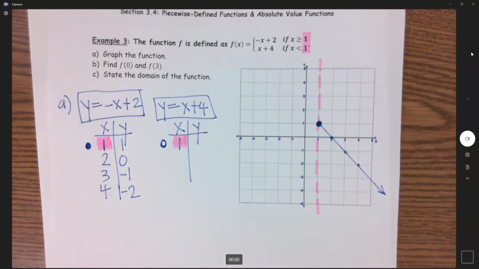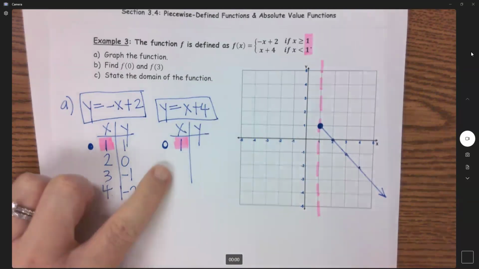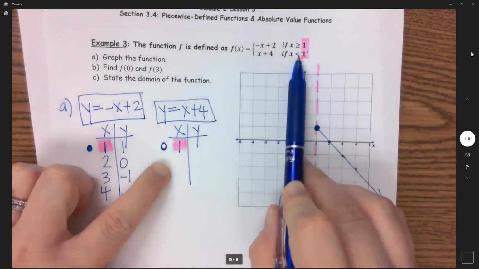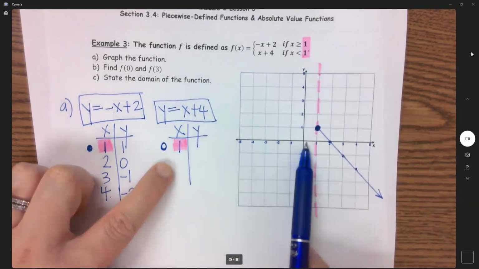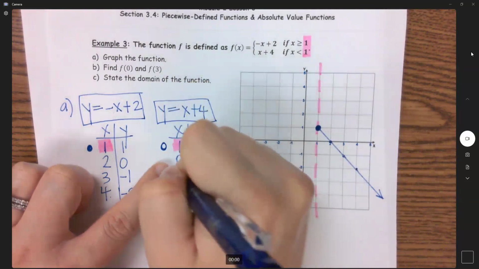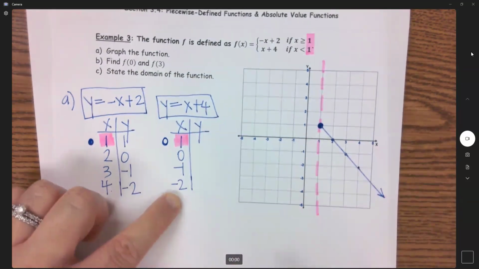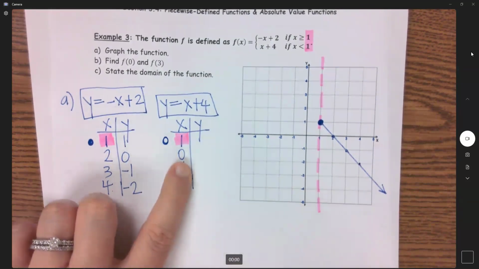So now finish this table to get my left side. So this one says when x is less than 1, you can also use this as an arrow, everything to this side of 1. So the next logical one is 0. Then we'll do negative 1 and negative 2. Okay, you need at least 2 points.